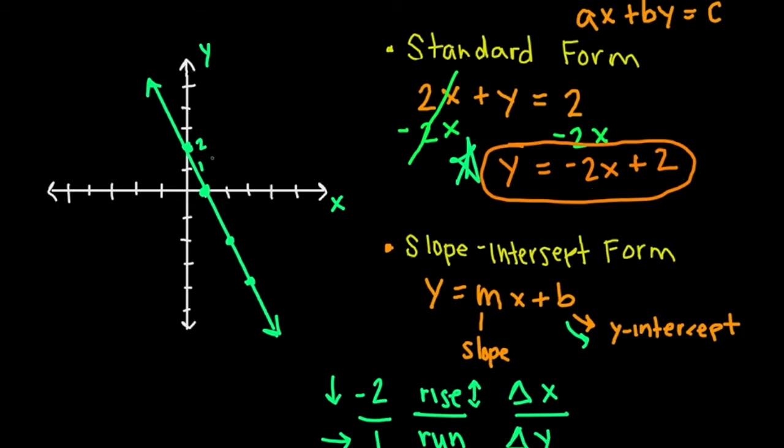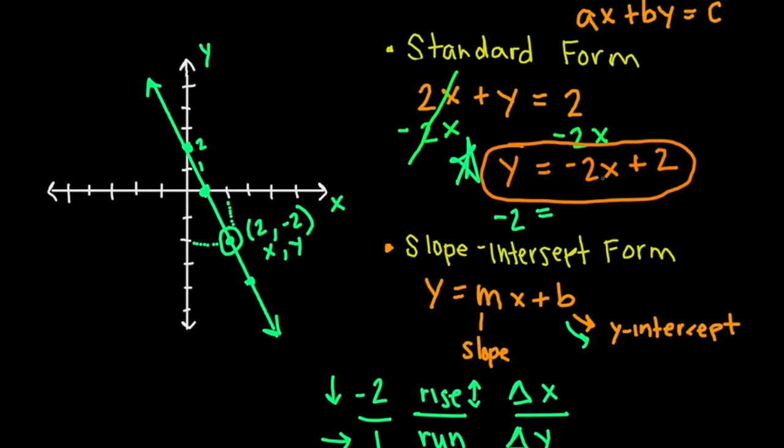So what that means is if I took, let's take this point here, my x term would be +2, my y term would be -2. So that means if I plug in my +2 for x and my -2 for y in this equation, it would come out correctly. Let's check that out. My -2 for y equals -2 times x, and remember, x is +2.